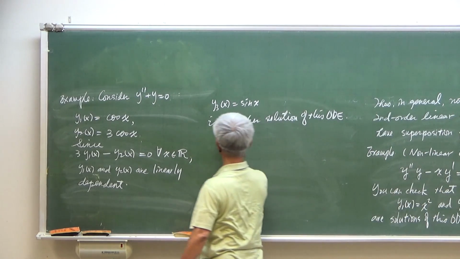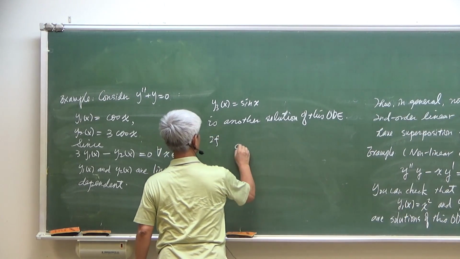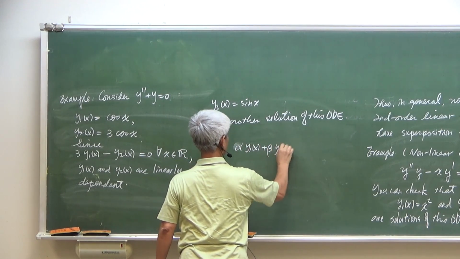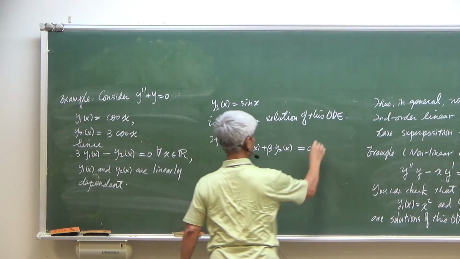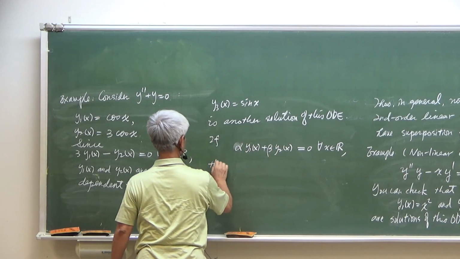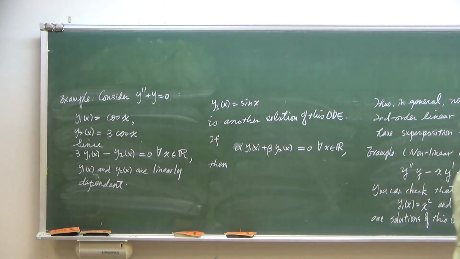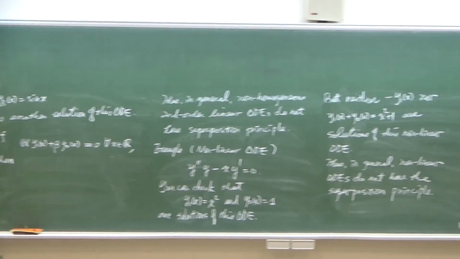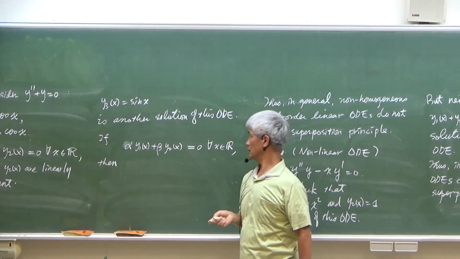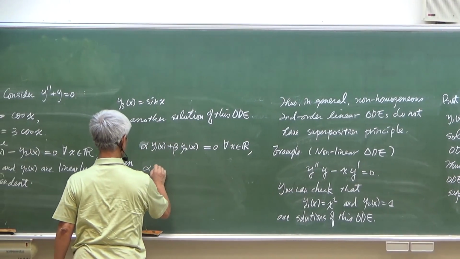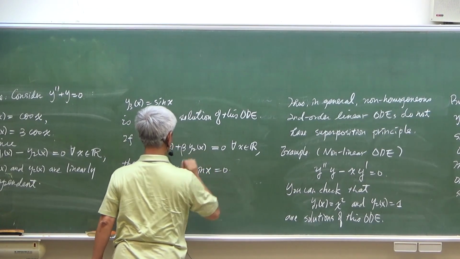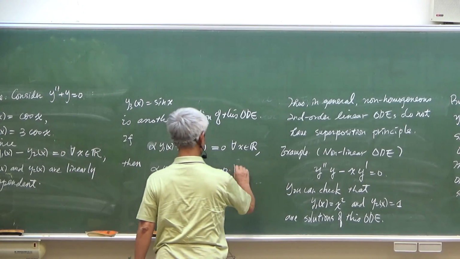So if alpha cosine x plus beta is equal to 0 for all x in R, then, right, if we form a linear combination and we ask that this is equal to 0 for all x in R, then alpha cosine x plus beta must be equal to 0, right? For alpha.